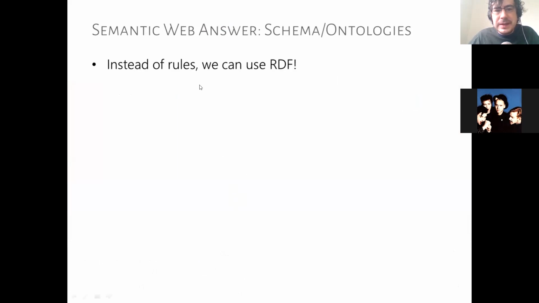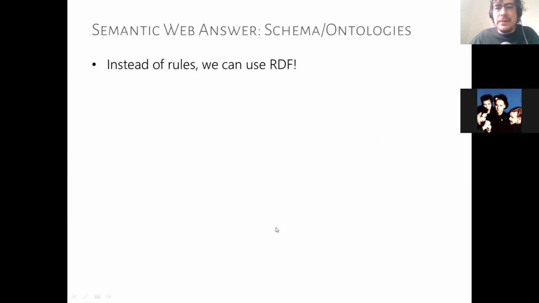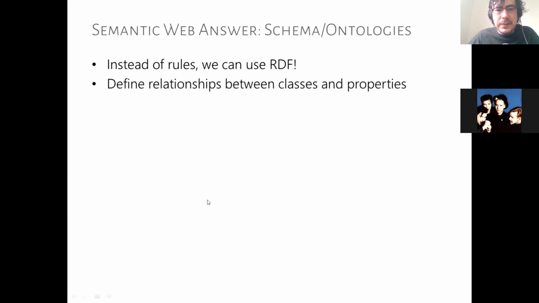In the semantic web, these are expressed as implications or rules. Essentially it's: if A is a part of B, then... Rather than represent the logic or semantics of the data using rules, the semantic web has proposed to use RDF itself. So what does that mean? It means that we can define relationships with well-defined meaning between classes and properties.